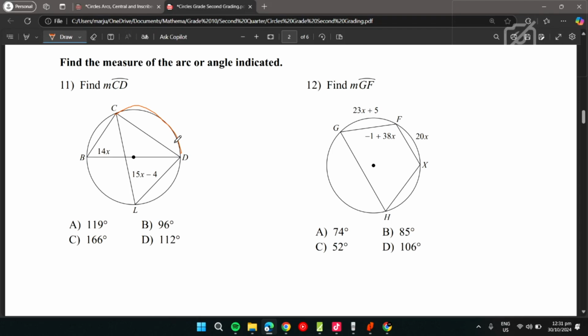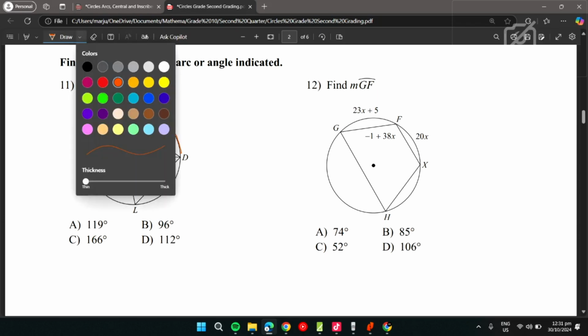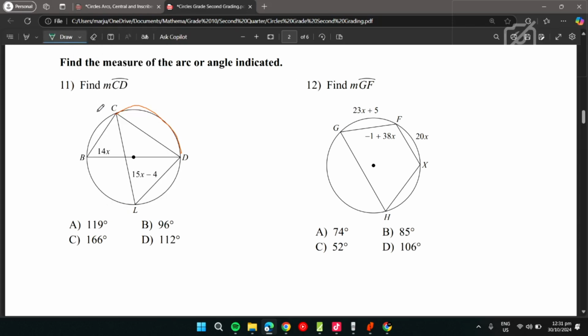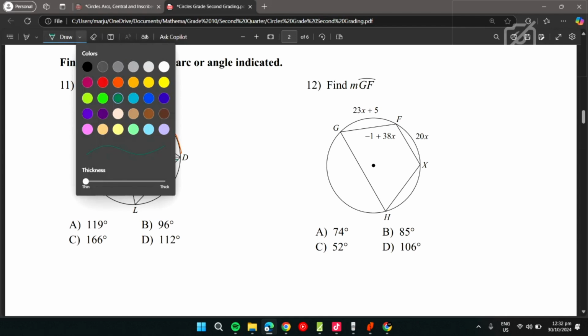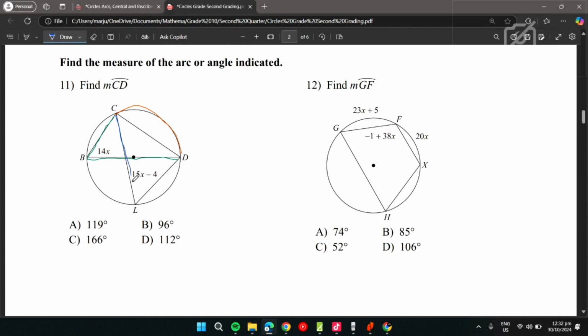CD is actually an intercepted arc of the inscribed angle. And also look at this one, this angle as well.